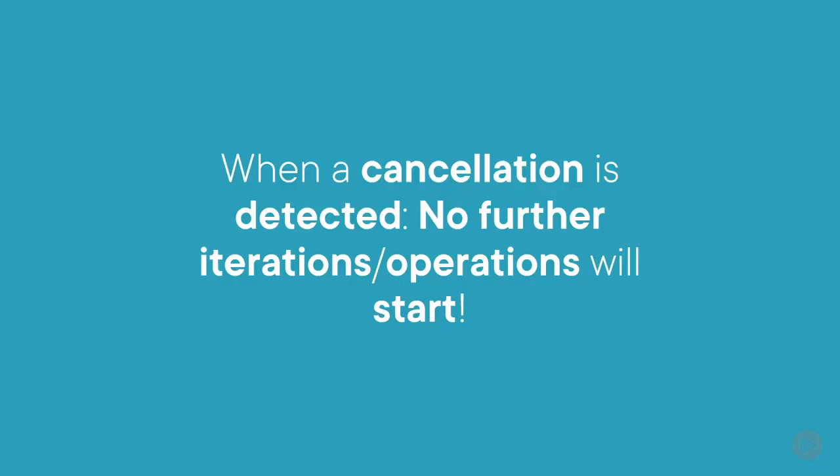Therefore, we can assume that when the cancellation was requested, no further iterations were started. This is different from what you might have expected. As we saw previously, when exceptions were thrown inside the iterations, the subsequent iterations weren't automatically cancelled. However, in this case, they were.